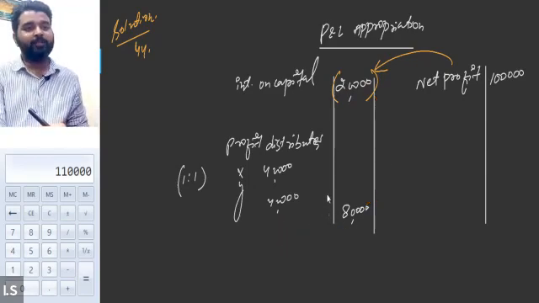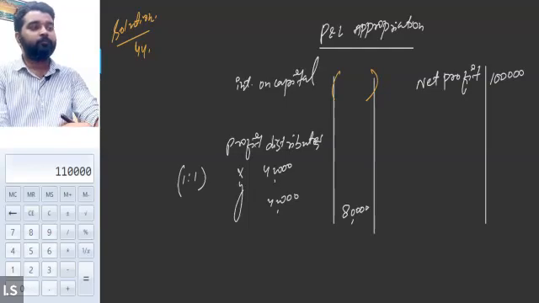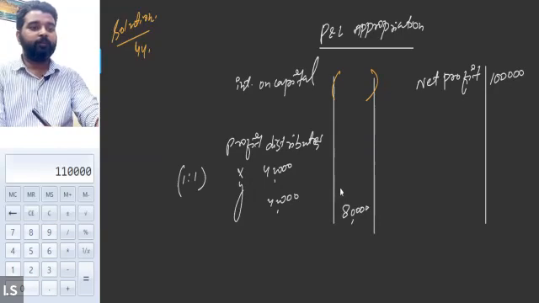Now tell me, if by chance we forgot to subtract the interest on capital, how is it going to affect the divisible profit? If interest on capital is not subtracted, then the divisible profit will increase by the same amount, that is, by 20,000, am I right?